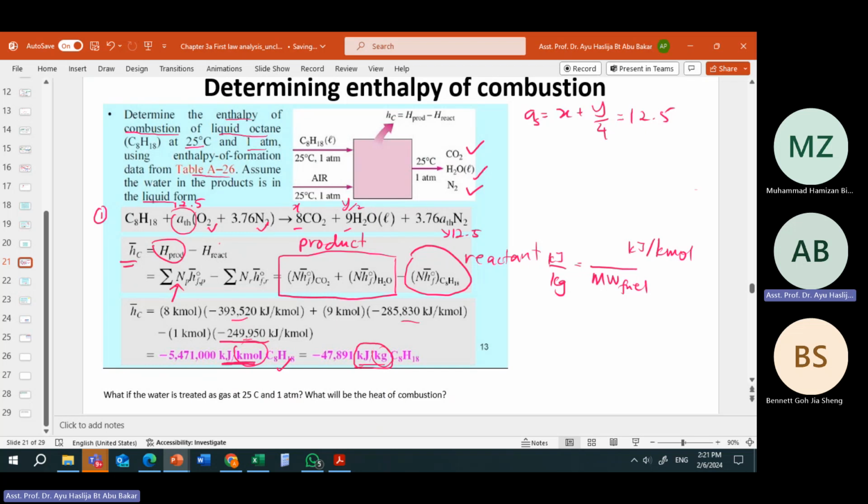Kan nak dapat value kilojoule per kg tu, number of moles tu divide by respective molecular weights kan? Ataupun fuel saja. Yang final answer ni, final answer divide by molecular weight of the fuel. Okay, sini molecular weight fuel dia octane. So C8, C 12 multiplied by 8 plus 18 times 1.